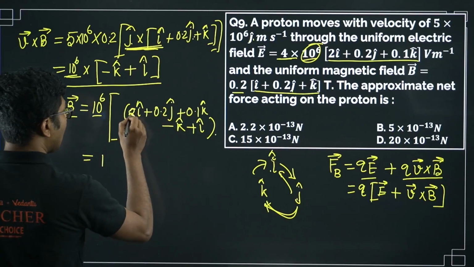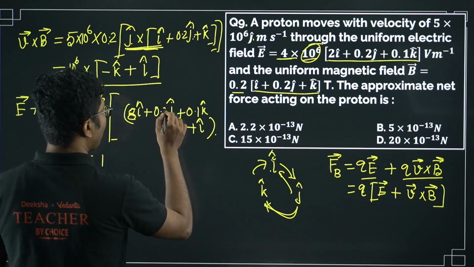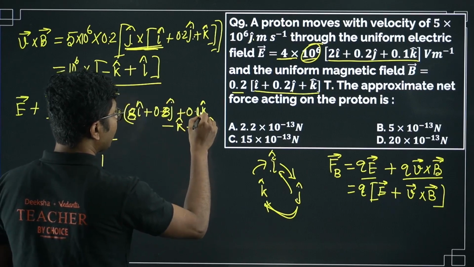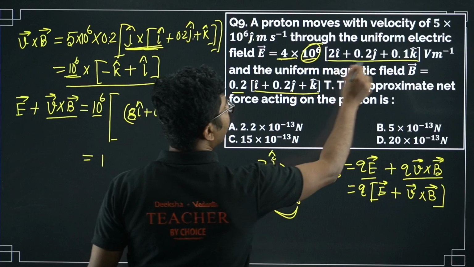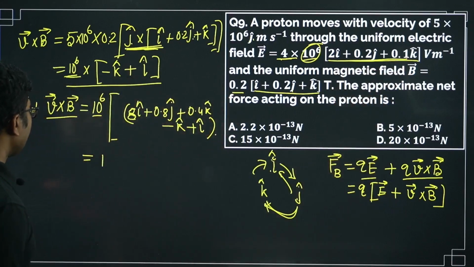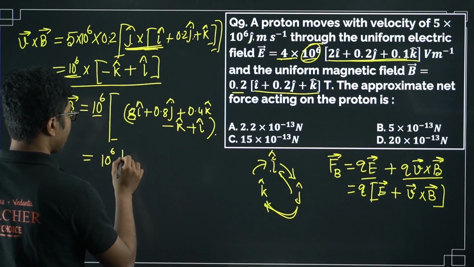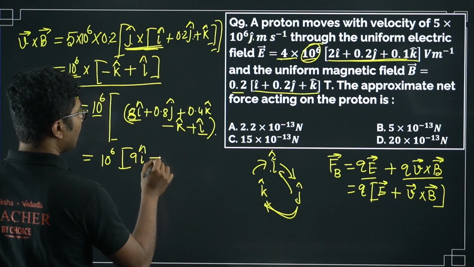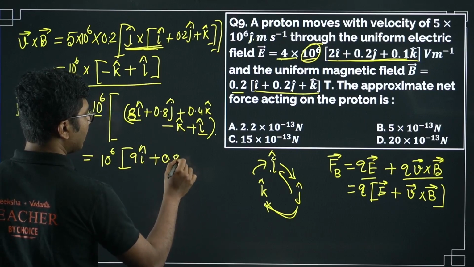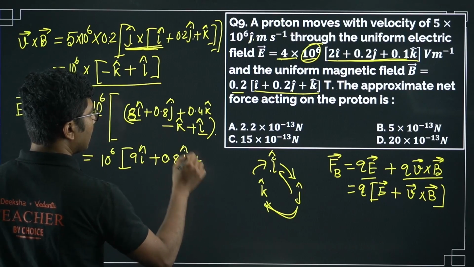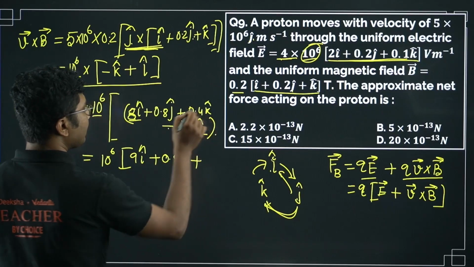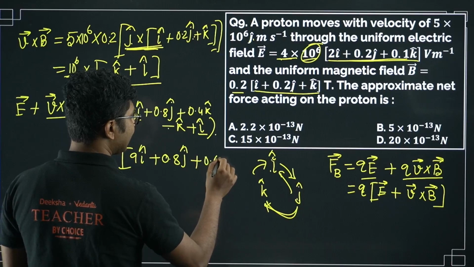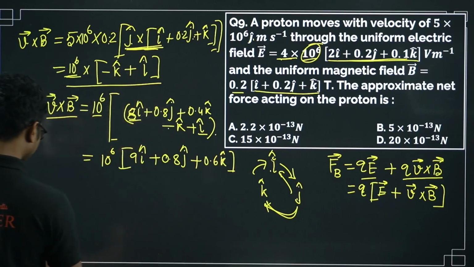So it will be 8 I cap plus 0.8 j cap and 0.4 k cap. This 4 will be multiplied with all the terms, right? So this is what we have missed. Now 10 to the power of 6 into 8I plus I is 9I, plus there is no other j over here, 0.8 j cap, plus 0.4 minus 1, that is 0.6 k cap with a negative sign.